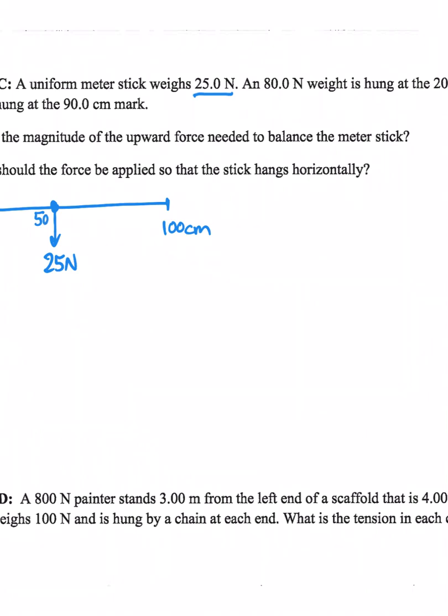We've got an 80 newton weight hung at the 20 centimeter mark. So at the 20 centimeter mark, we got 80 newtons hanging this way. And where else? At the 90 centimeter mark, which would be right here, we've got a 70 newton.